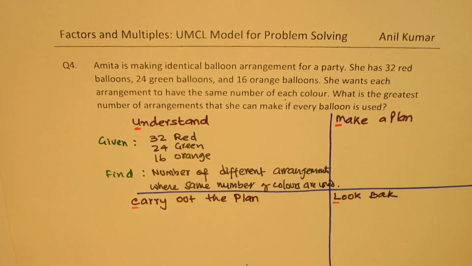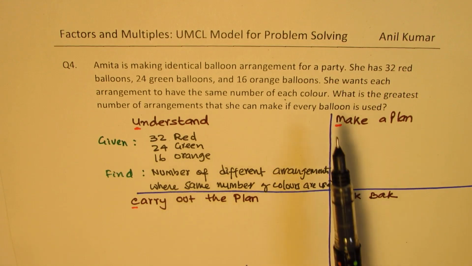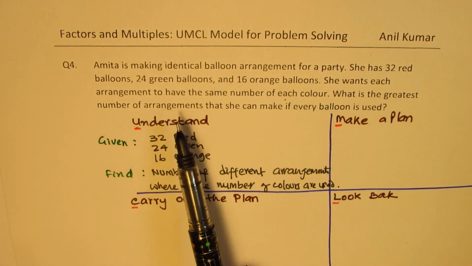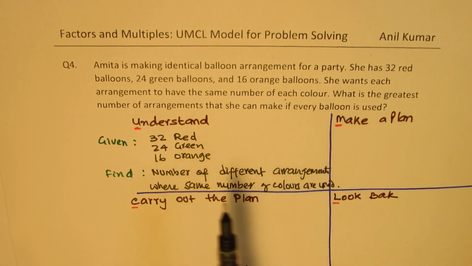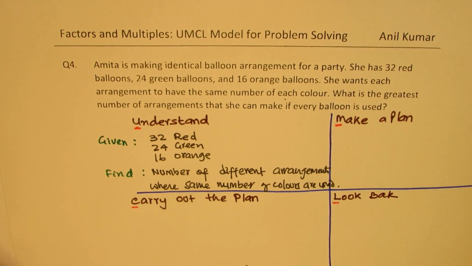Does that make sense to you? What is the greatest number of arrangements that she can make if every balloon is used? And we have to use all the balloons, right? Using all balloons, so that is the idea.